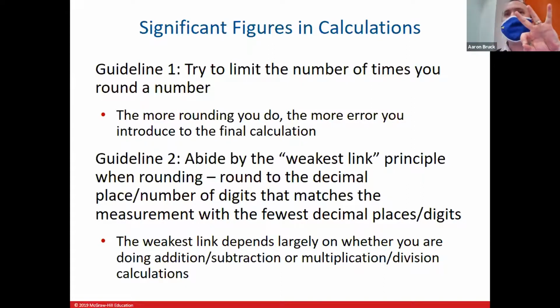So my final answer is going to have 3 significant digits because that was my least certain, least precise measurement. And if I follow that guideline, that will always guarantee that I'm not going to invent precision. I'm not going to do things in a way that produces more uncertainty than what I started with.